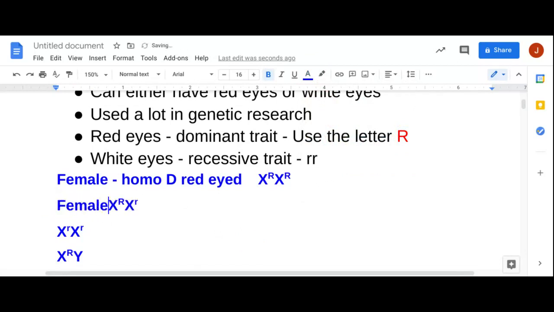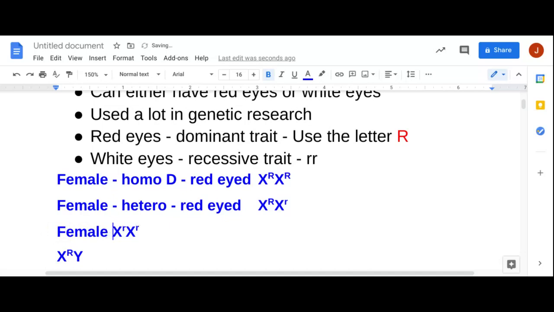Well, I can see this is female again. This is going to be a hetero female, but she is also going to have red eyes. Next one. XX means she's female. This is the homorecessive, and if we look above, recessive means she has white eyes.